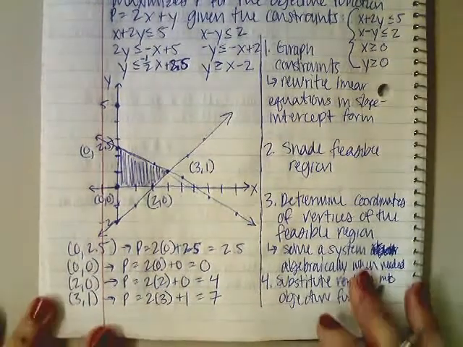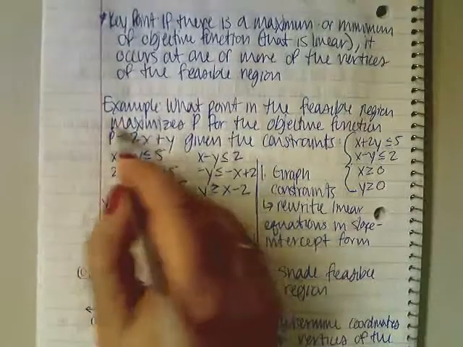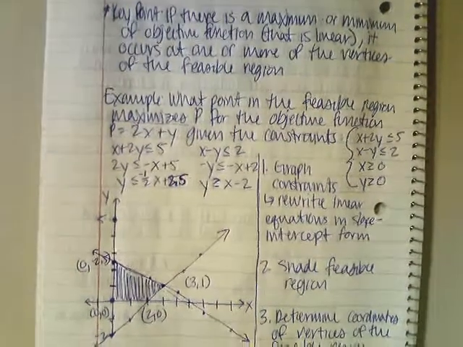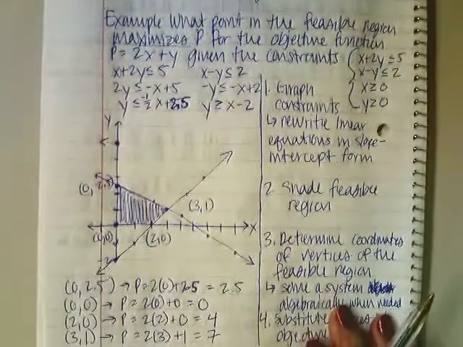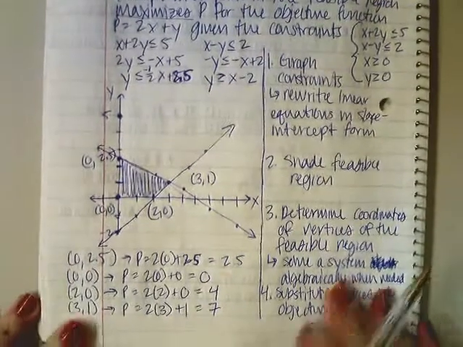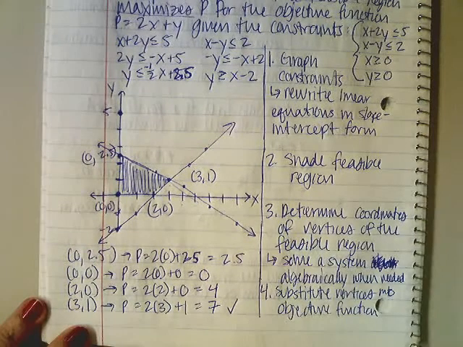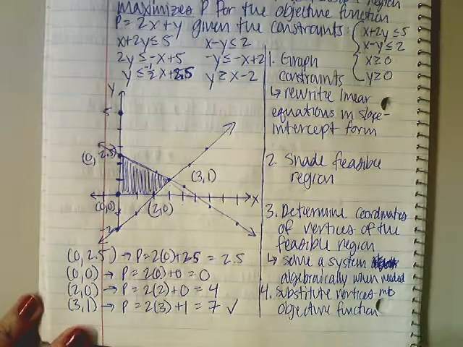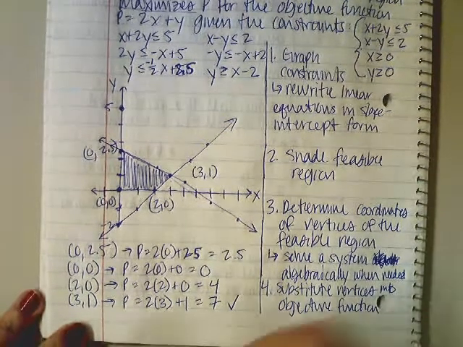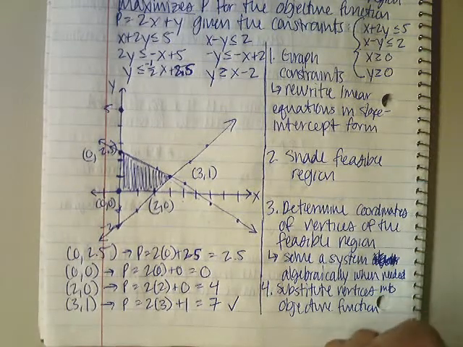Since I was maximizing P, which could represent something like profit, I want to choose the P value that is maximized, which is 7. Since 7 is the maximum value that results from one of my vertices, that will be my maximum coordinate.